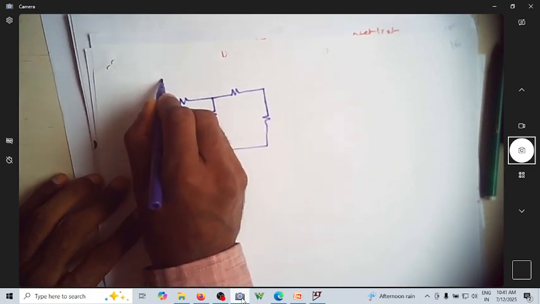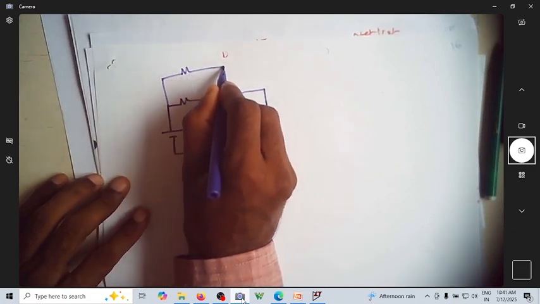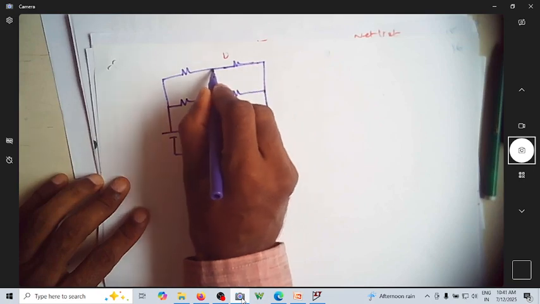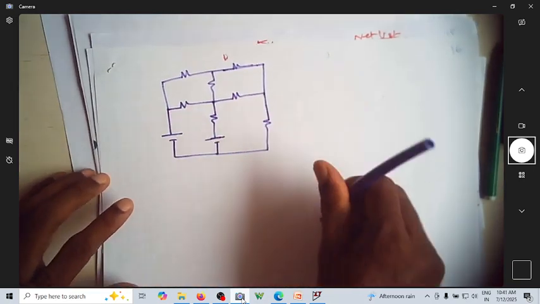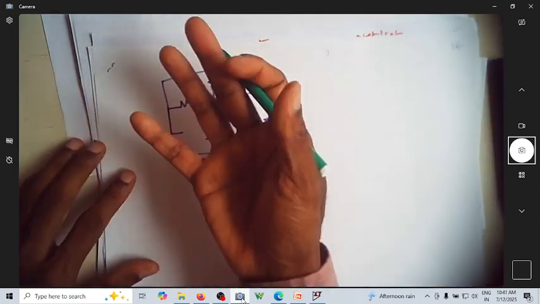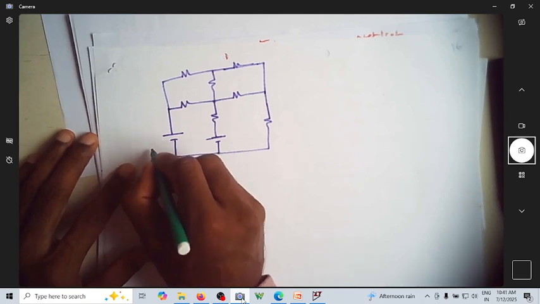You can just think of some circuit like this. There's no need to do it practically, just theoretically verify, just to have some fun and control.